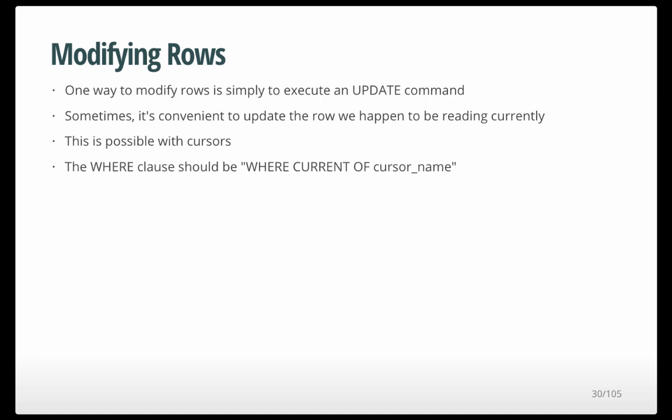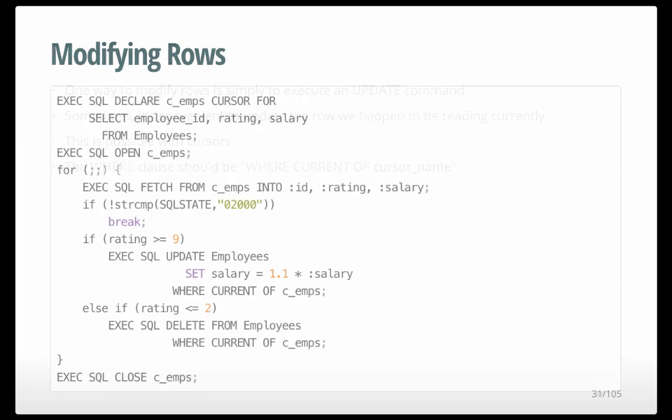I'm reading a row, and immediately I make the decision, oh, I should set this field to true. I don't have to issue another query. I can just simply set the field to true right here in this row. The way that's done is by executing a query, and the condition of the query is where current of and then the cursor.